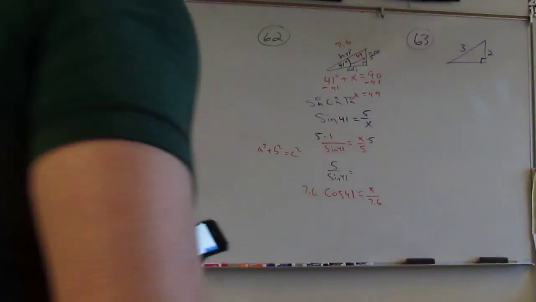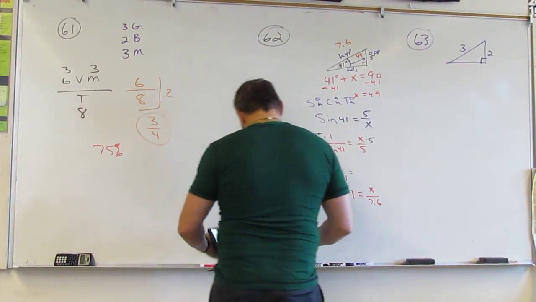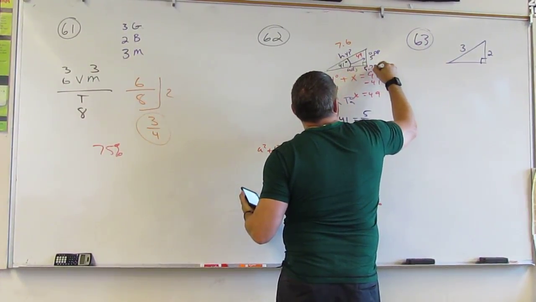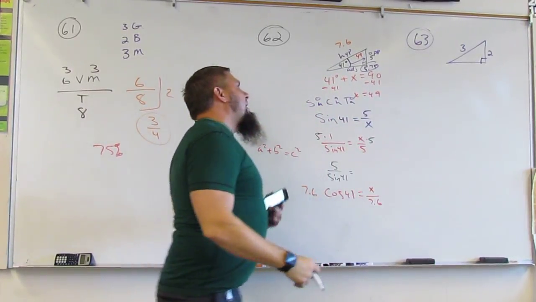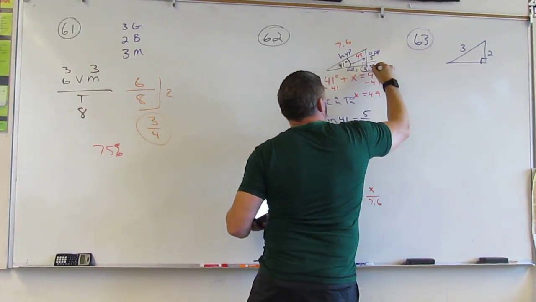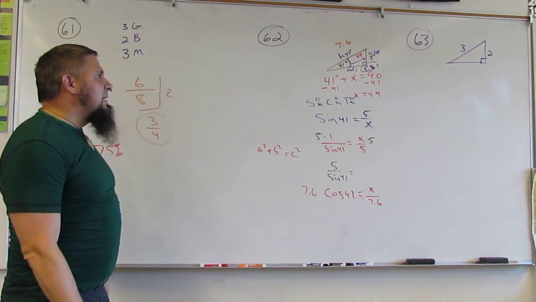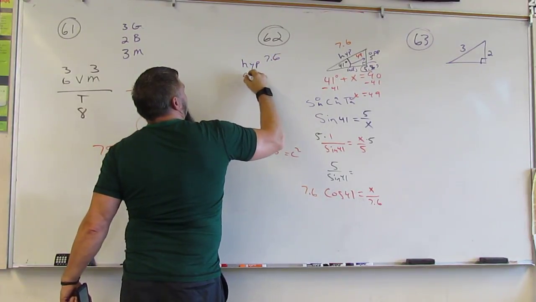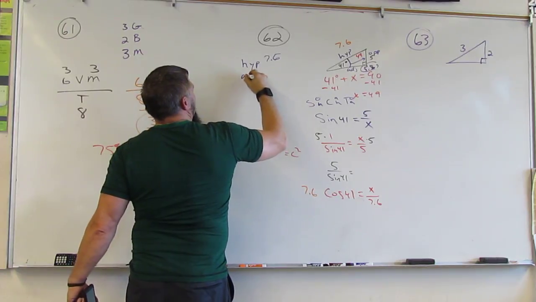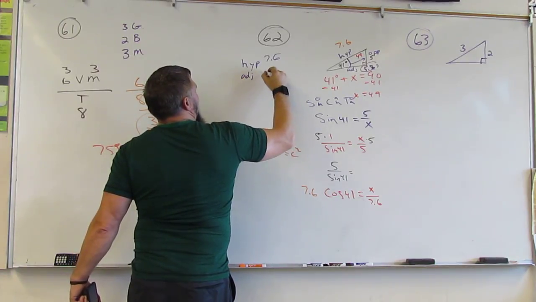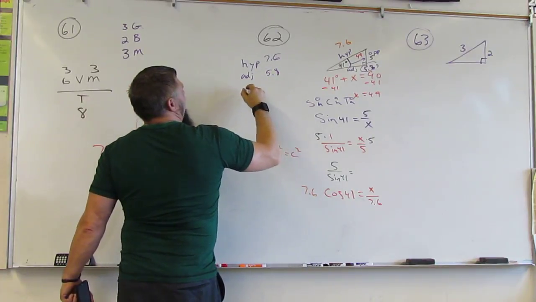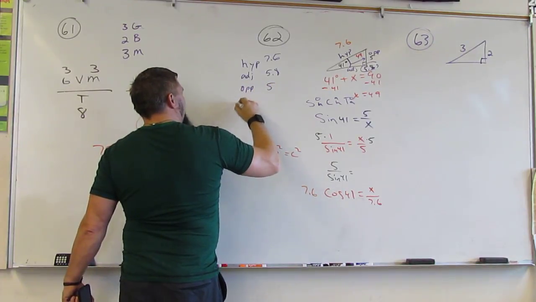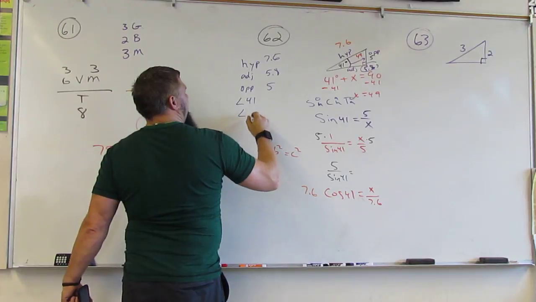And that's 5.75, or 5.8. And that's it. So your hypotenuse is 7.6, your adjacent side is 5.8, your opposite side is 5, and your angles are 41 and 49.